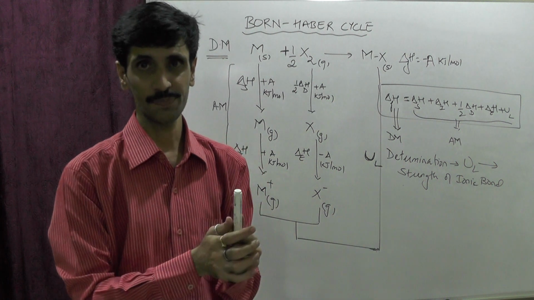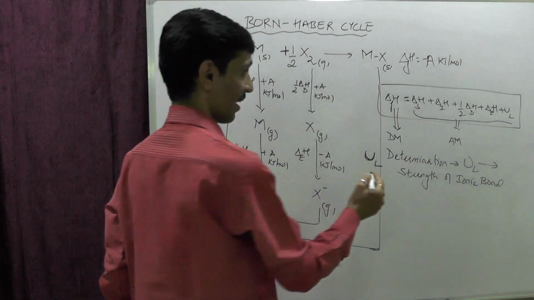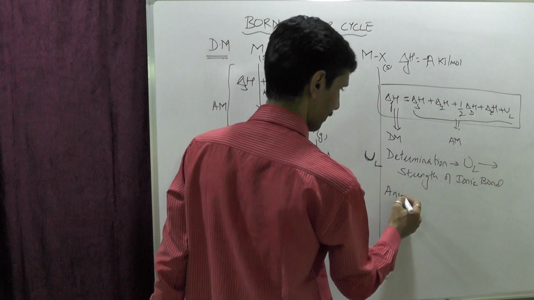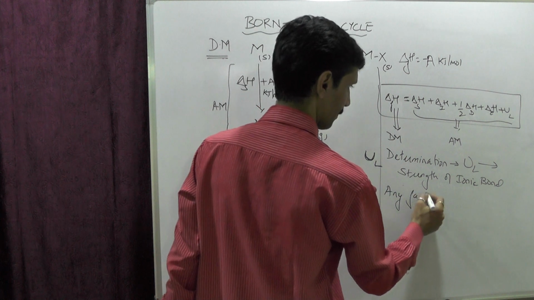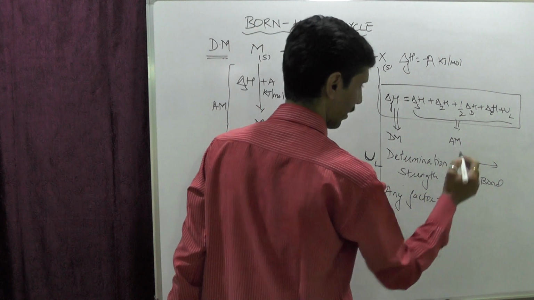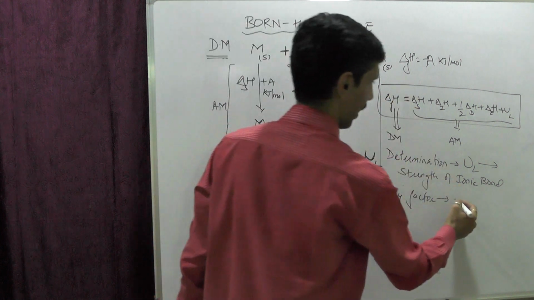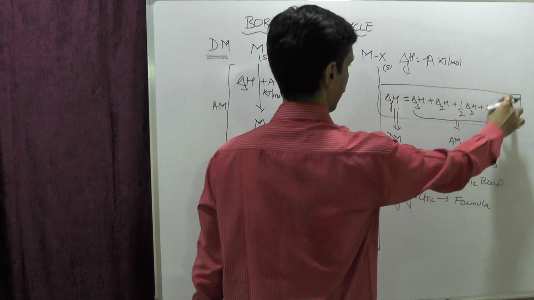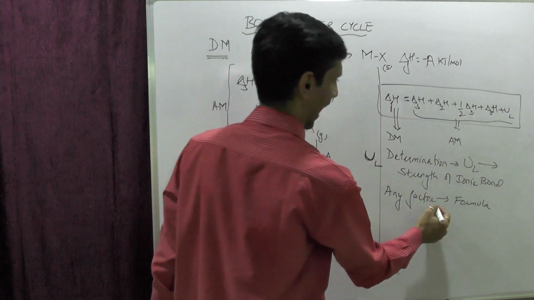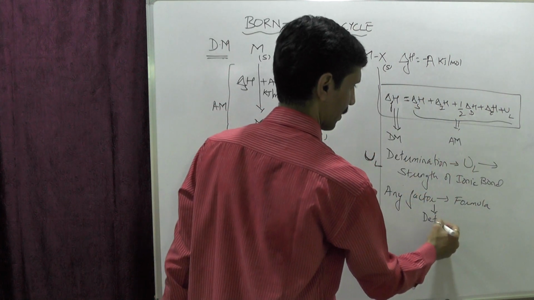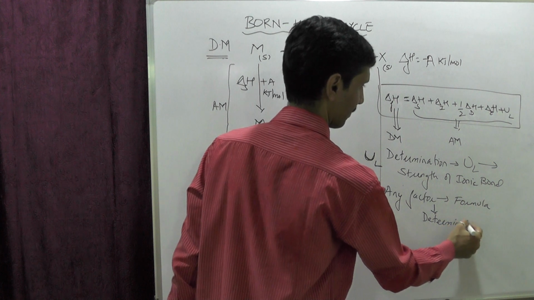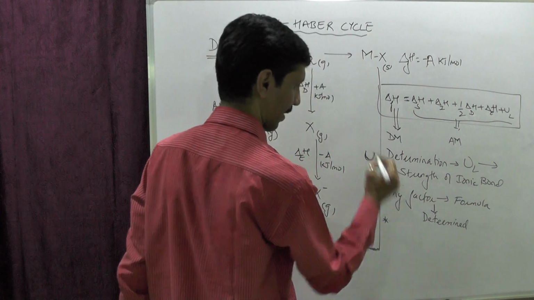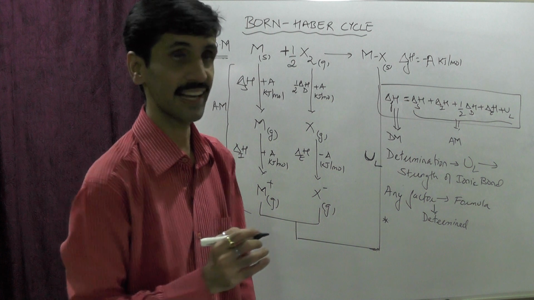What else we can find out? Yes, and that is any factor which is involved in this particular formula. Okay, any factor which is involved in this formula can be determined, but condition applied. मतलब इधर condition ऐसे स्टार मार्क करते हैं सब लोग. तो condition क्या है?